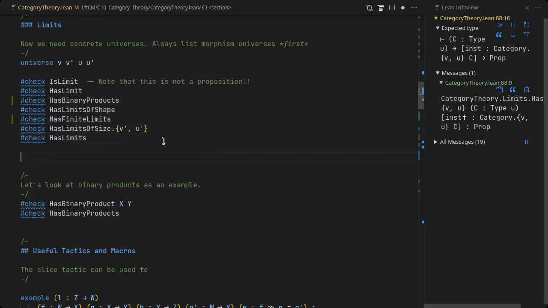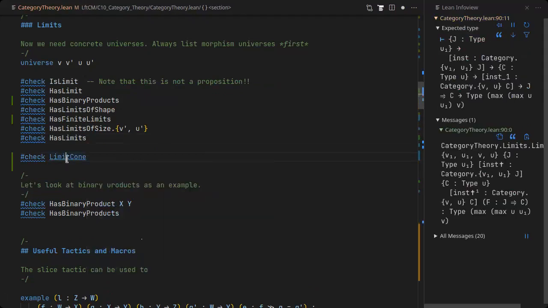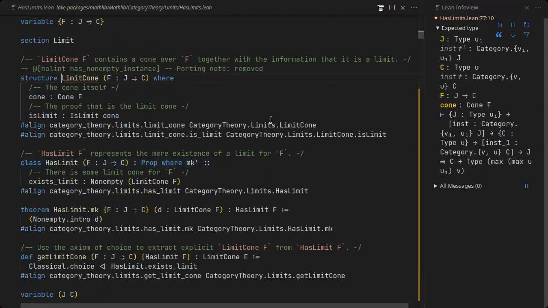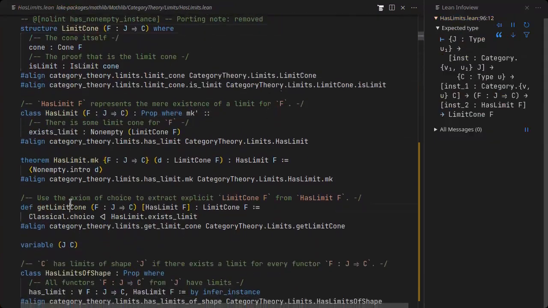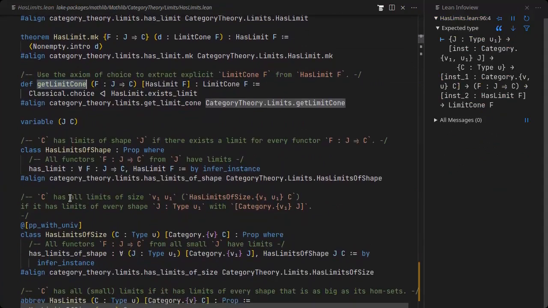Yeah, and then there's also something called limit cone. There's something called get limit cone, which selects by choice.